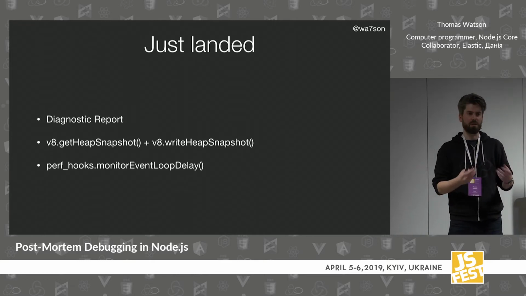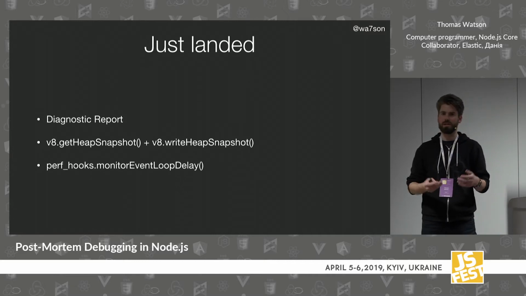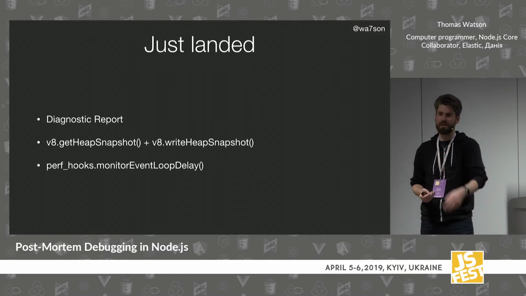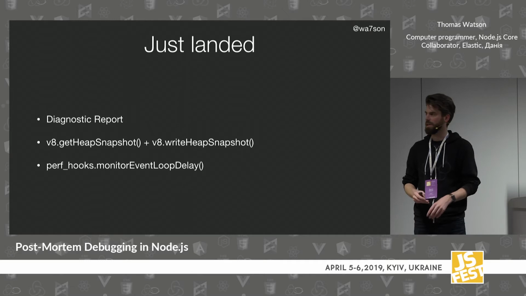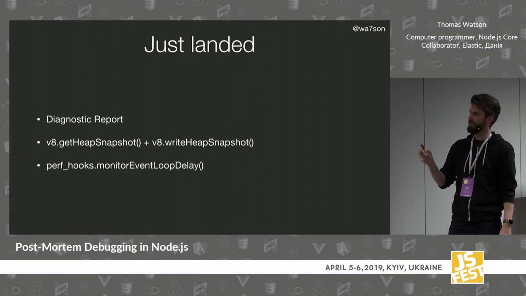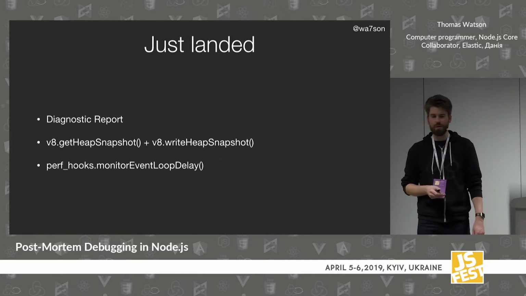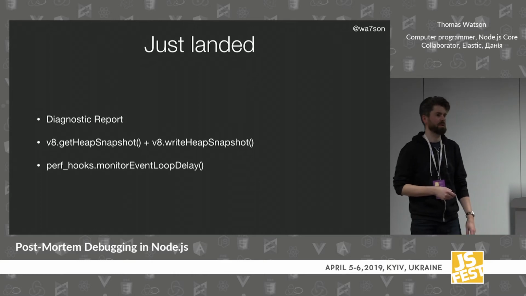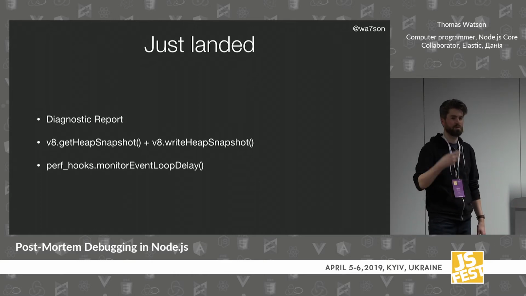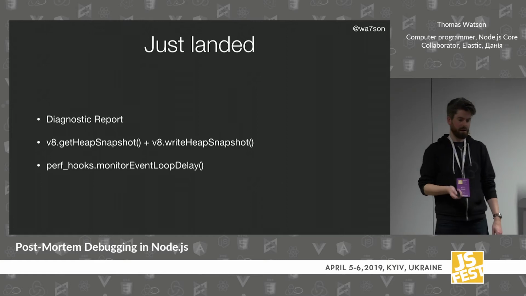If suddenly one of these functions takes too long to run, say 100 milliseconds to read some JSON, you're blocking all the other things. So monitor event loop delay will allow you to get notified when this happens, when suddenly your event loop becomes slower than it's supposed to.